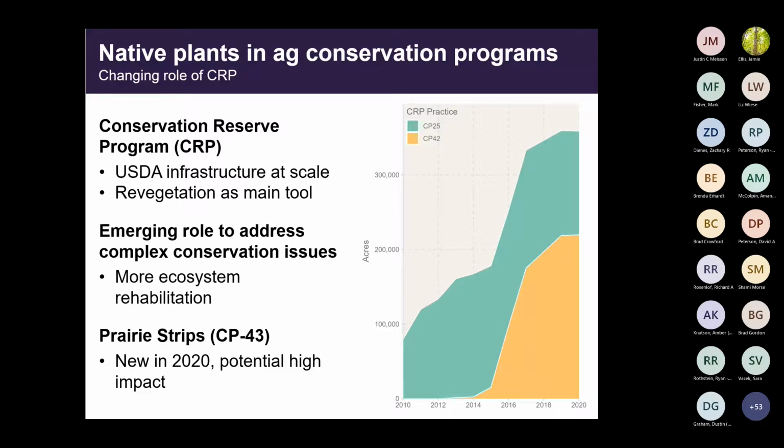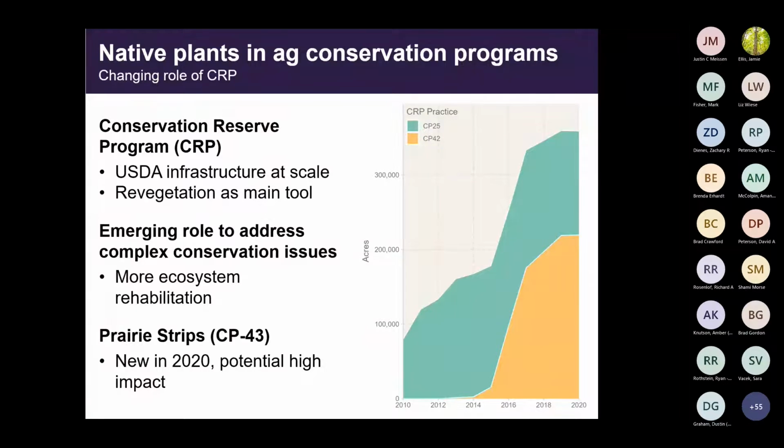Historically, the implementation of those programs has been pretty simplistic with respect to the kinds of plants that were used for revegetation. Using more than a handful of species, let alone native species, for revegetation in the past really wasn't very common. But more recently, in the past 2 decades or so, we've seen these programs take on more complex issues, with aspects of ecosystem rehabilitation included in their targets.